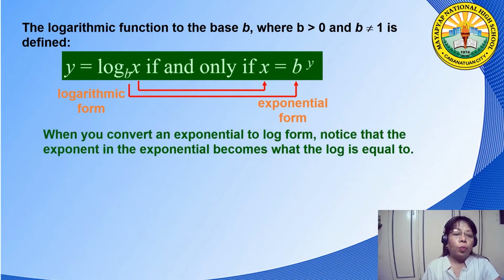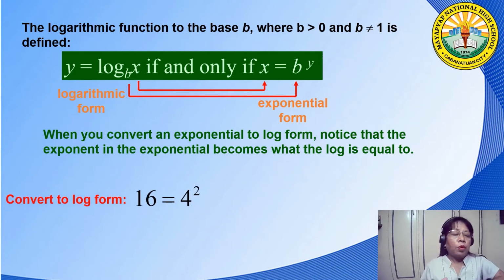When you convert an exponential to logarithm form, notice that the exponent in the exponential becomes what the log is equal to. So the variable y in logarithmic form is the exponent y in exponential form.